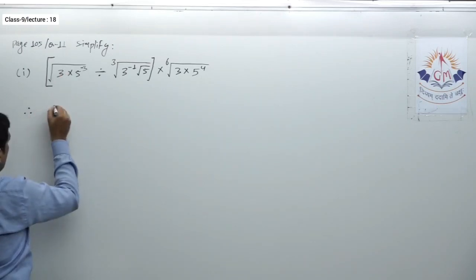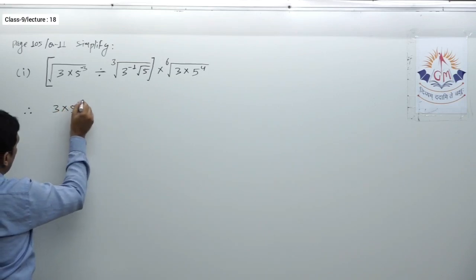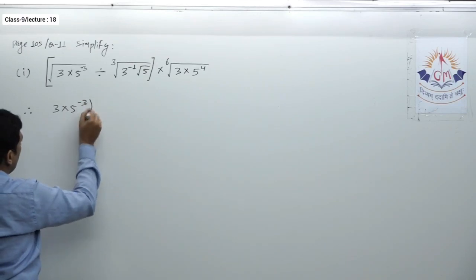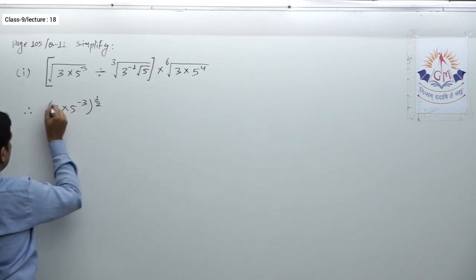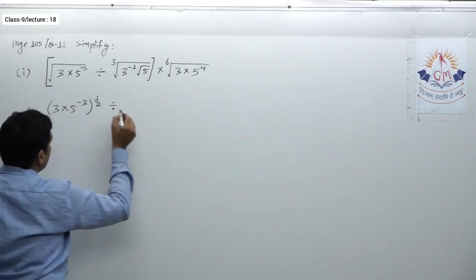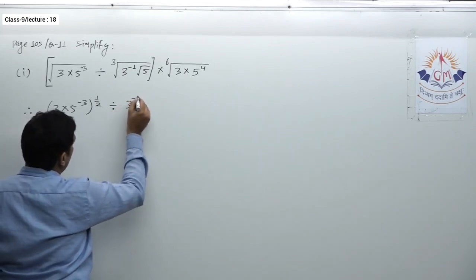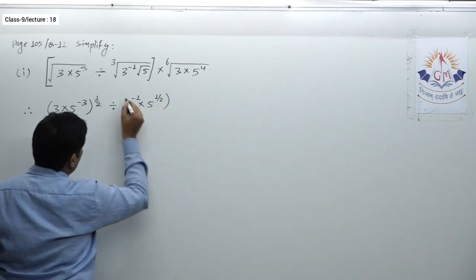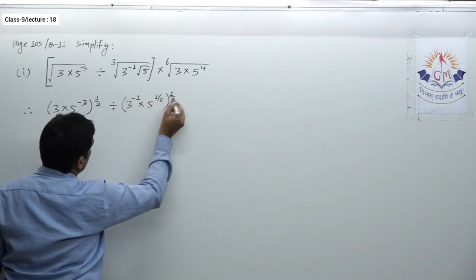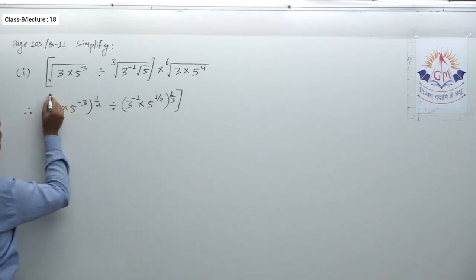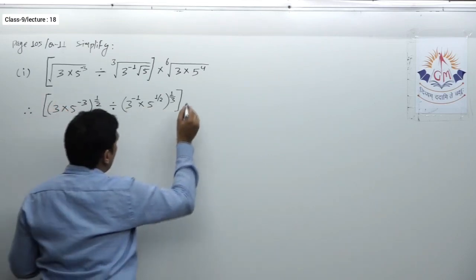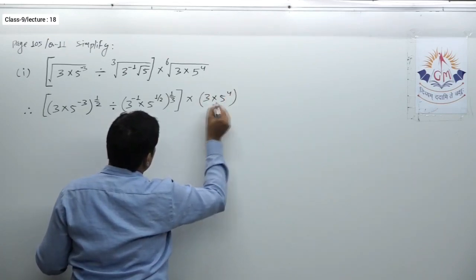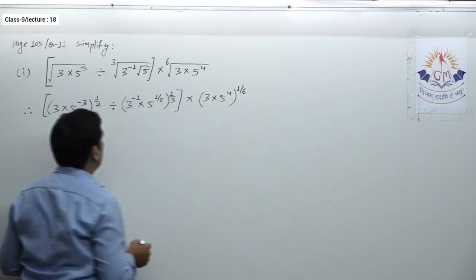See, this is 3 into 5 raised to minus 3, raised to 1 by 2, divided by 3 raised to minus 1 into 5 raised to 1 by 2, raised to 1 by 3. This whole is in multiplication with 3 into 5 raised to 4, raised to 1 by 6.